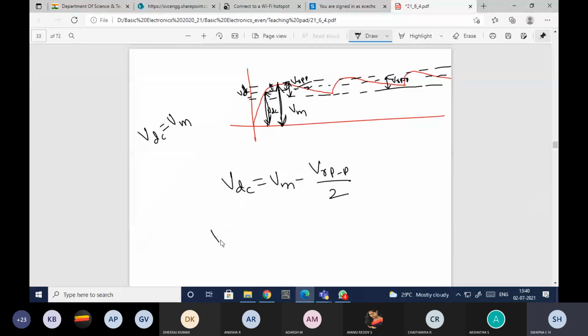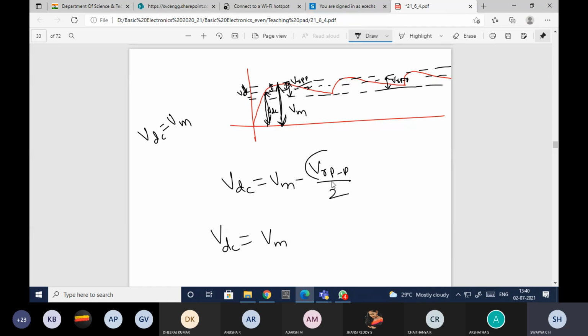Now let us state one more point here. See, this VR peak to peak you have, and you already have VR peak to peak by 2.